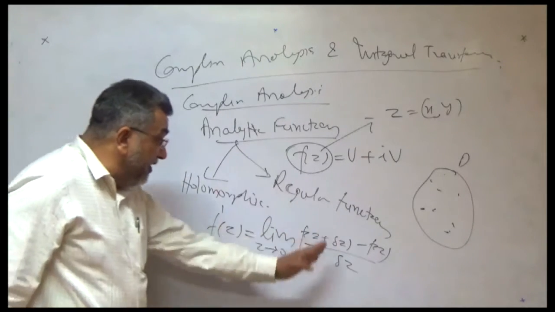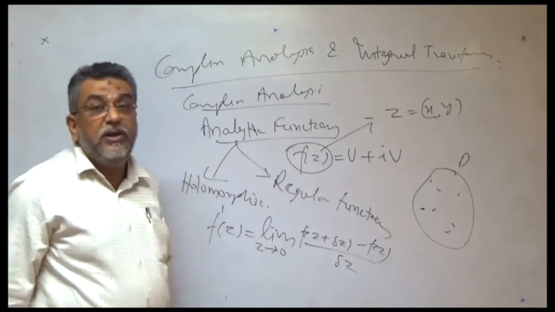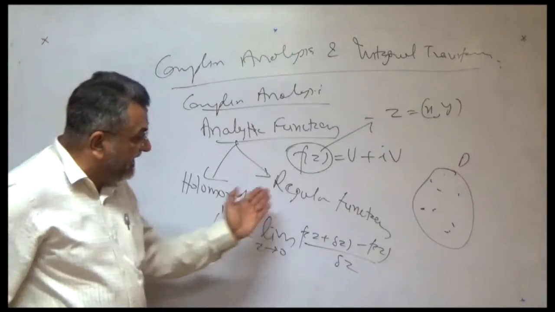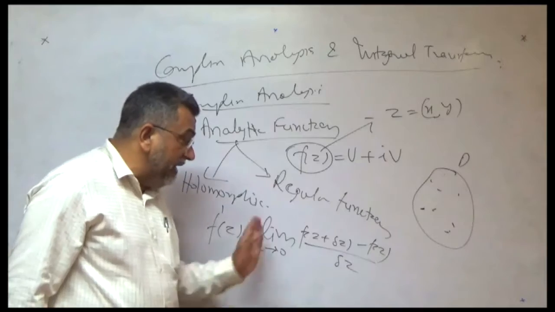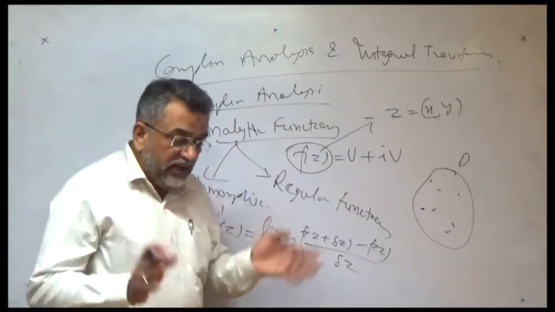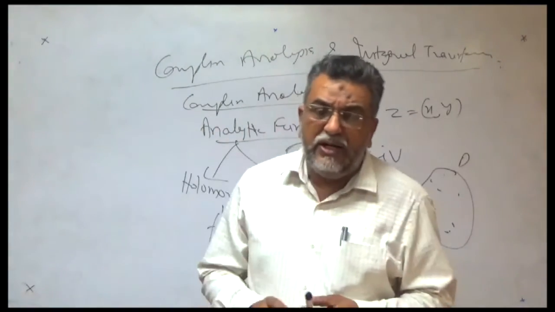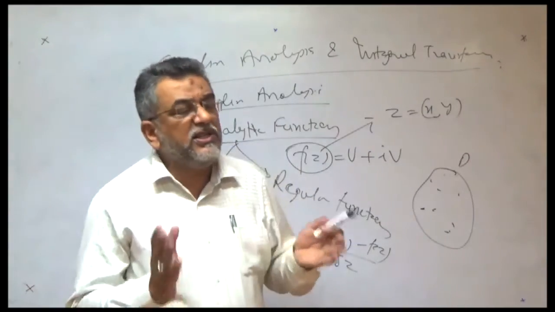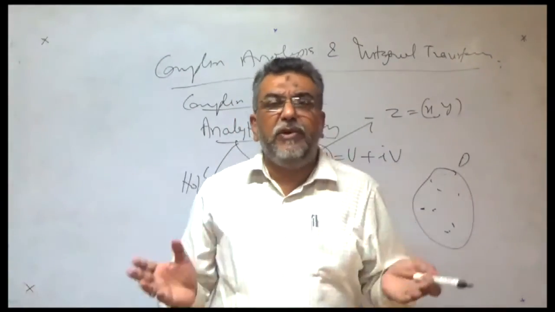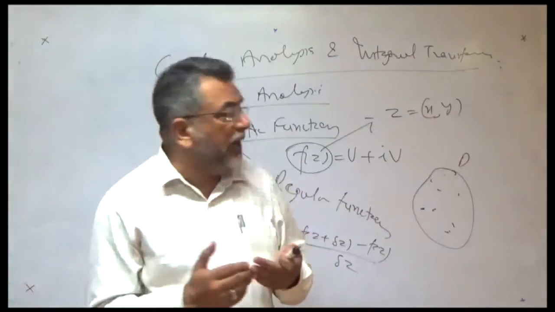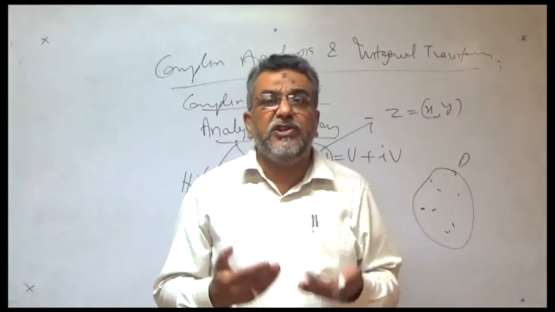Here every function is a function of two variables, so the existence of this limit is slightly different, because in a single variable we check the existence of limit by taking left hand limit and right hand limit. If both limits exist separately and coincide, then we say that the limit of the function exists.